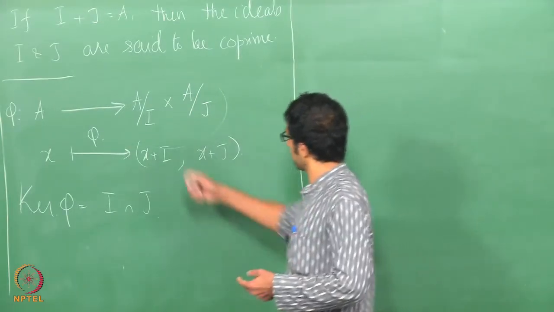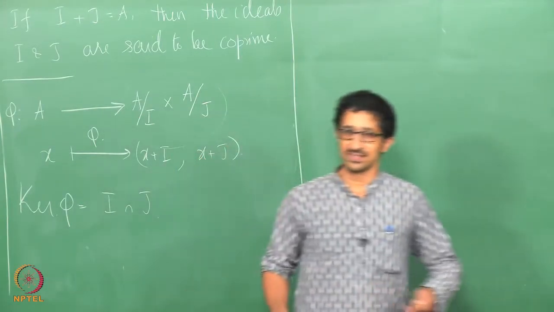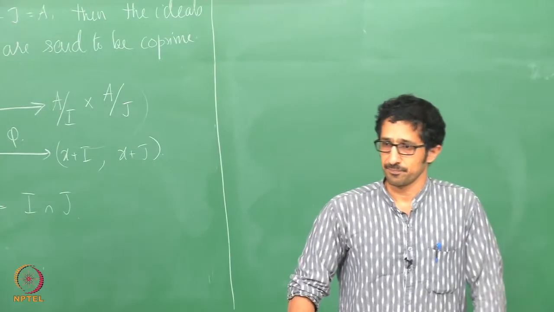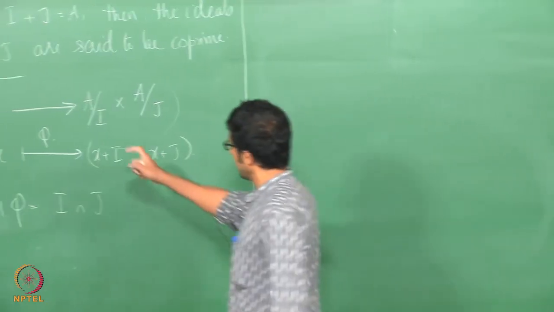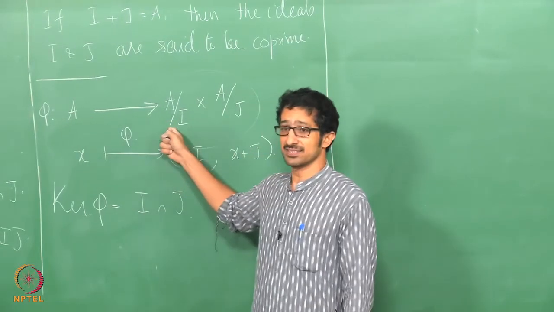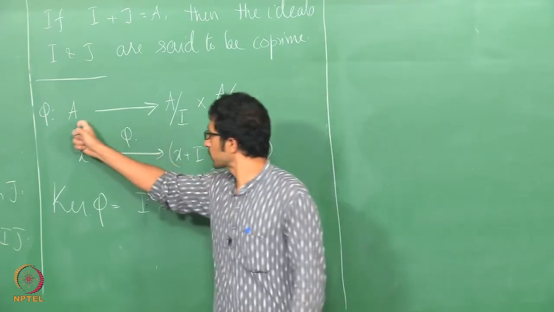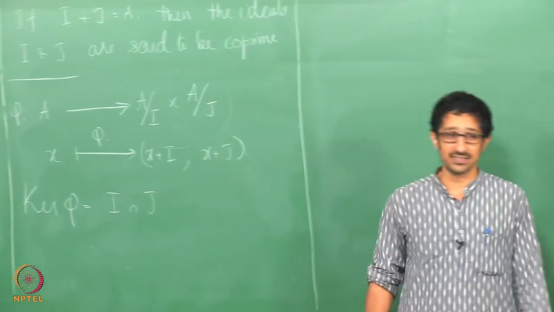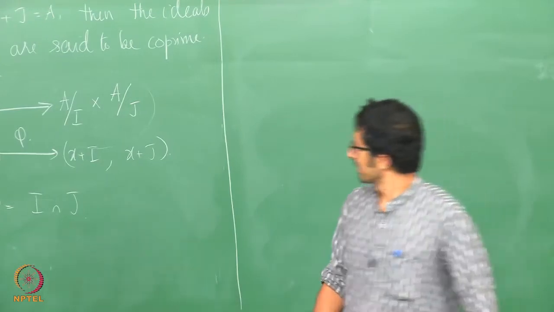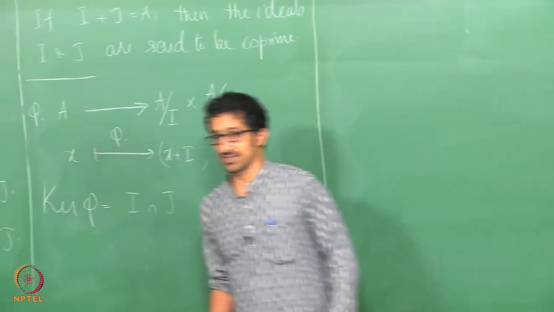Now, A to A mod I is surjective, A to A mod J is surjective. Now, can we say that phi is surjective?